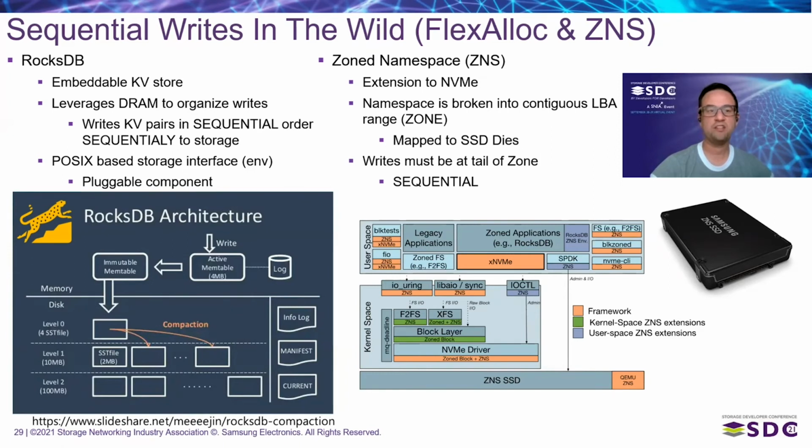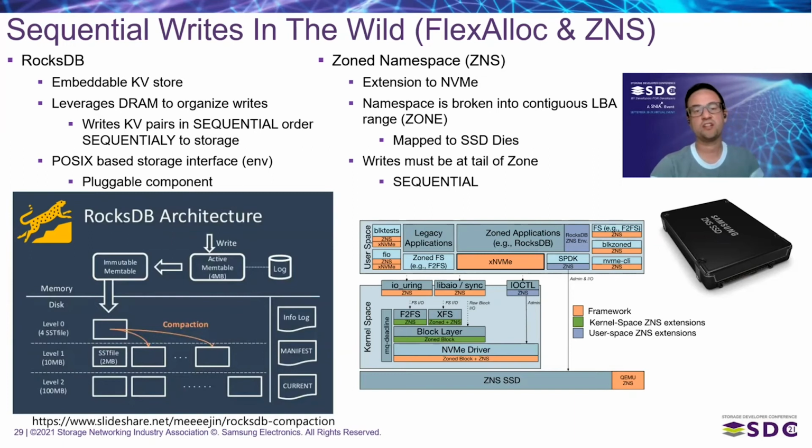We wanted to marry these two concepts together: RocksDB is largely sequential and zoned namespace devices require sequentiality. So how do we marry these two different pieces together? We have the application as well as the SSD.